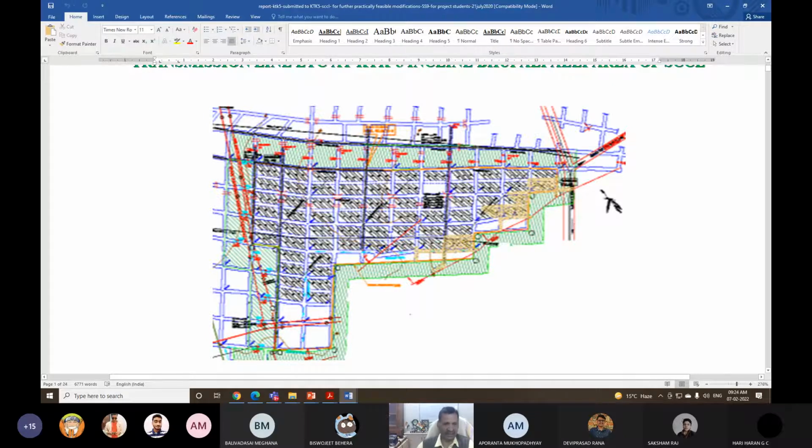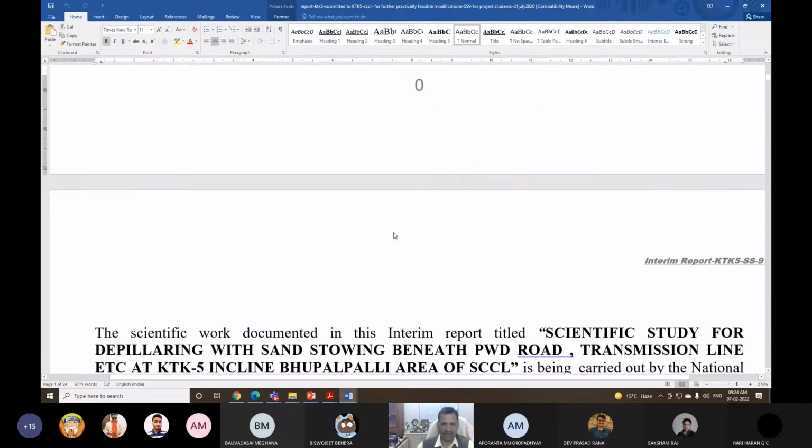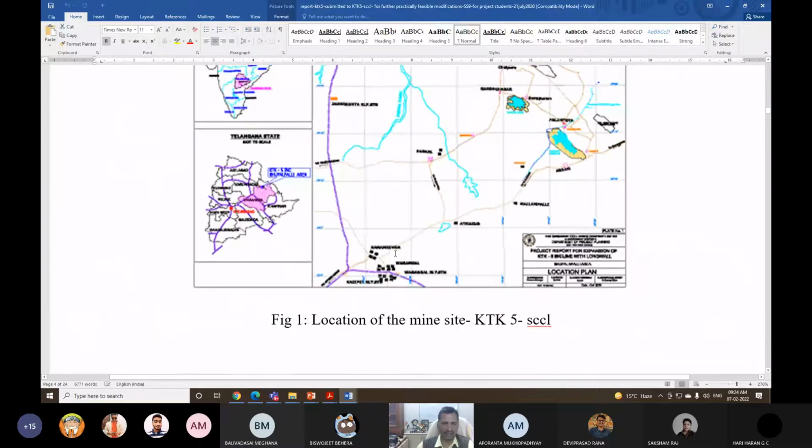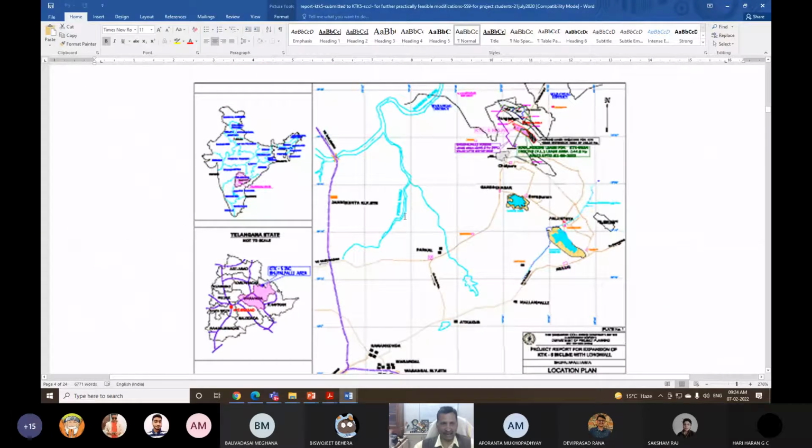As far as this panel is concerned, now you can see how it is there. Instead of showing all that, I would like to show only the panel and its layout, and how that is divided into different districts.